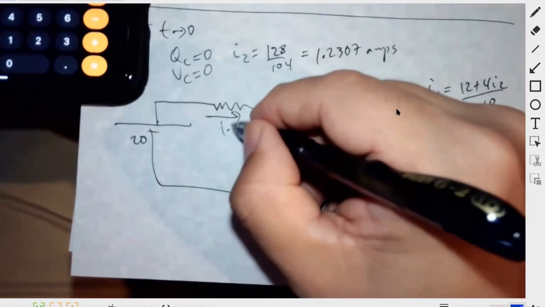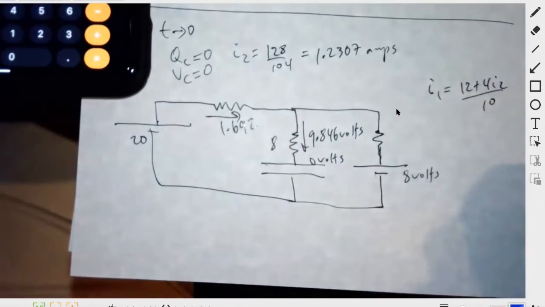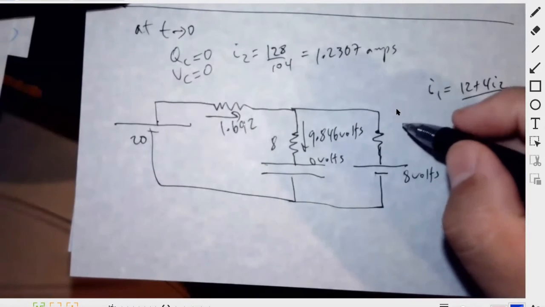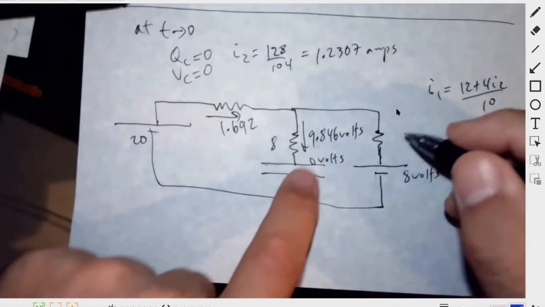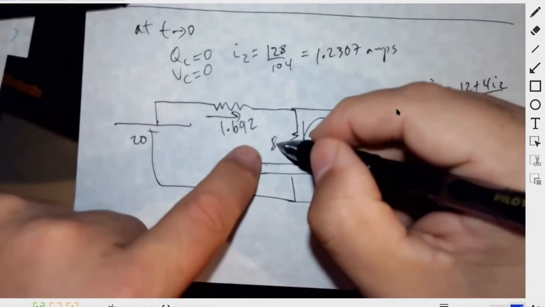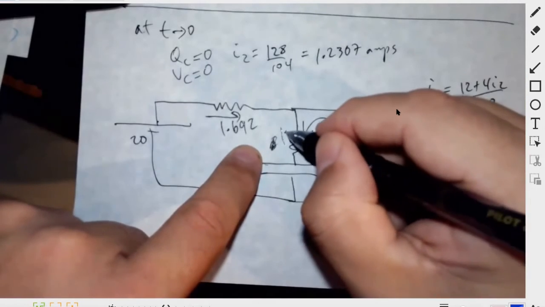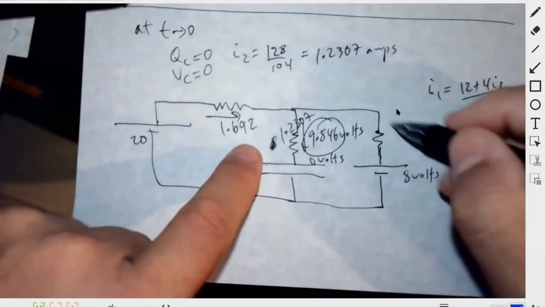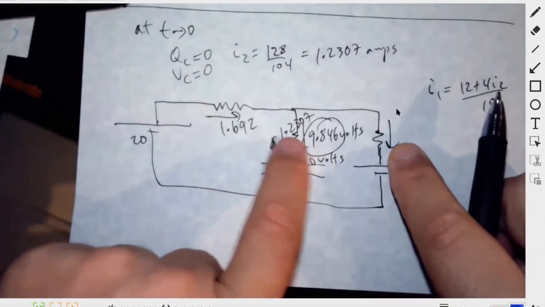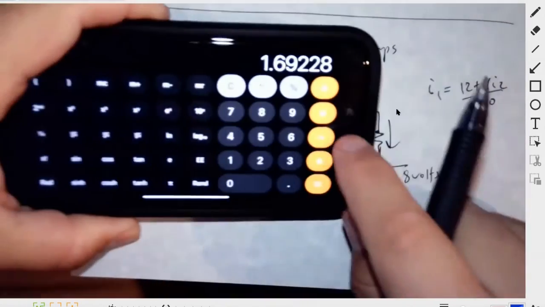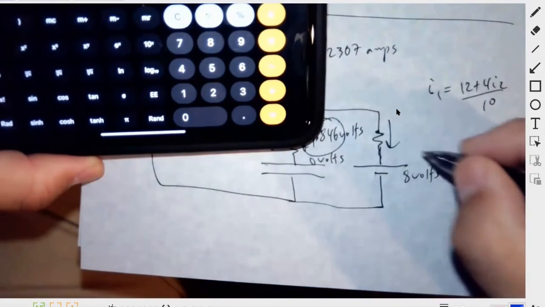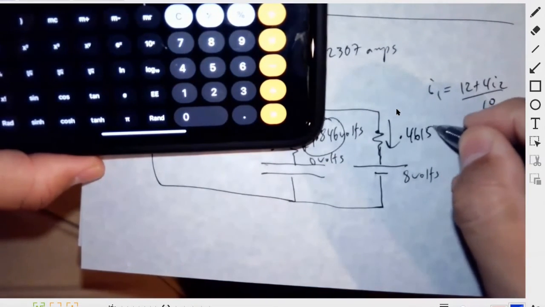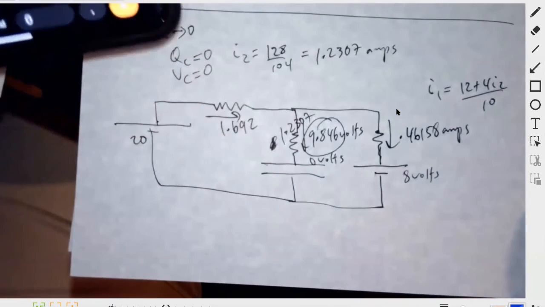Okay, so I1 is going to be 1.692 amps, right? And I2 was how many? 1.2307. So then we could determine the current here, just subtract those currents: 1.692 minus 1.2307, 0.46158 amps.